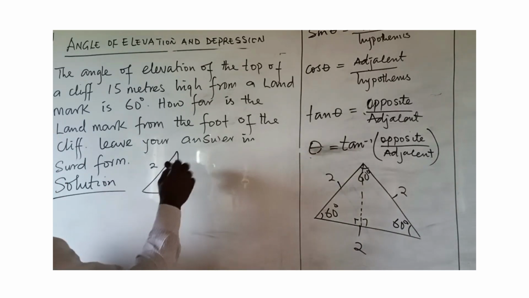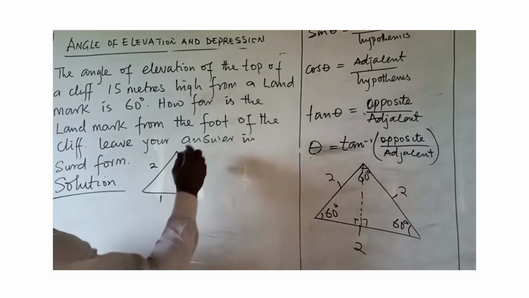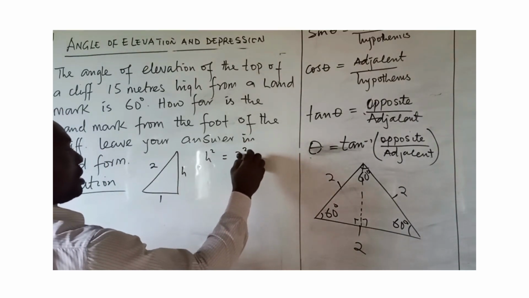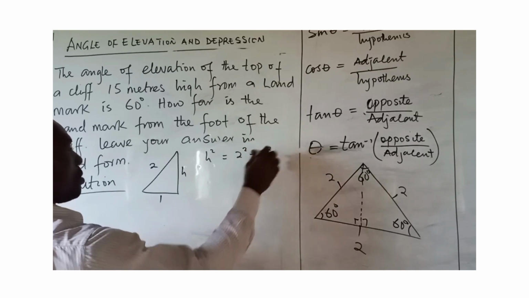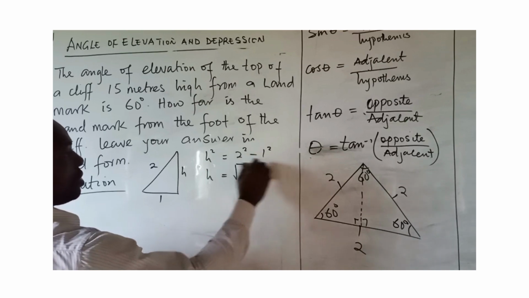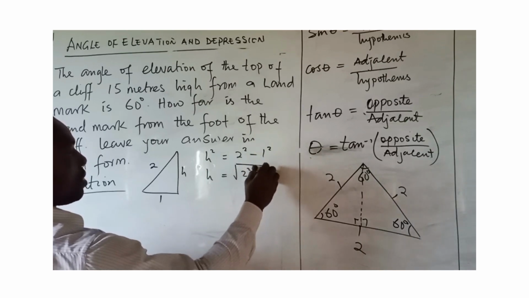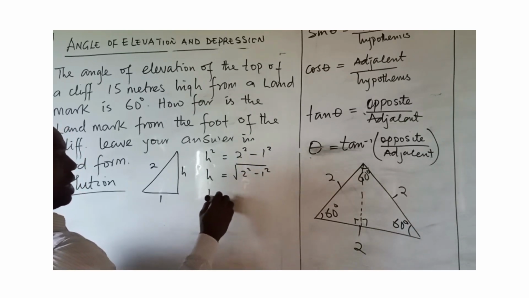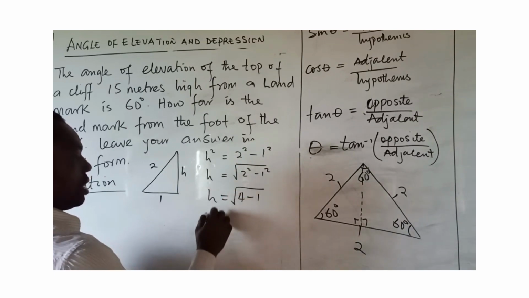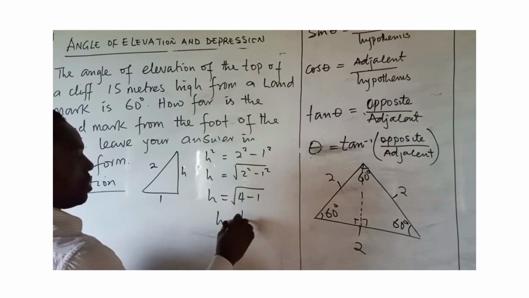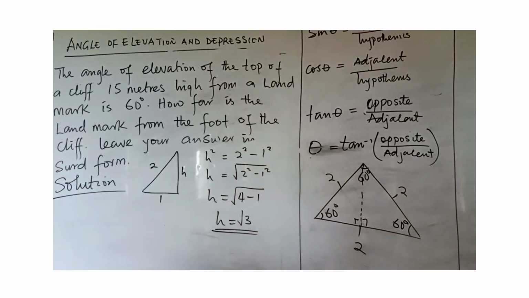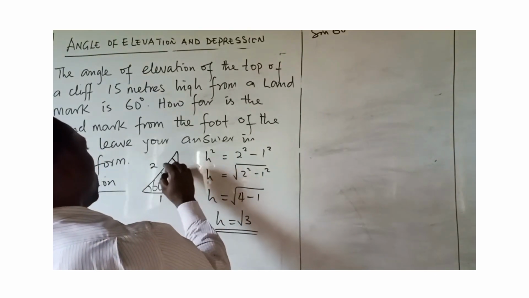I will look for the height using Pythagoras theorem. I have that h squared is equal to 2 squared minus 1 squared. So h is equal to the root of 2 squared minus 1 squared, meaning that h is equal to the root of 4 minus 1. h then is equal to root 3. So I have h as root 3. Then this is 60 and this is 30.